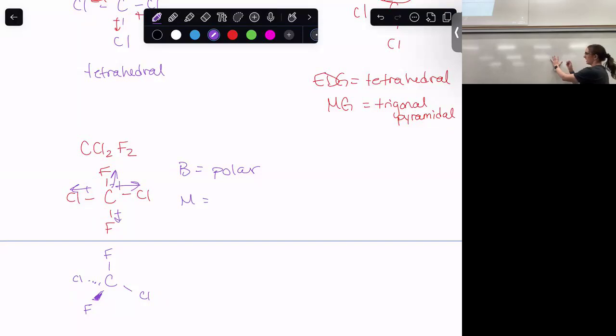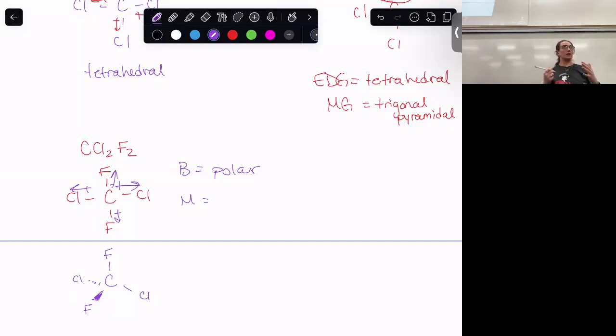But the fluorine on the wedge is coming towards you. The chlorine on the dash is going into the plane. So this is actually a 3-dimensional shape.